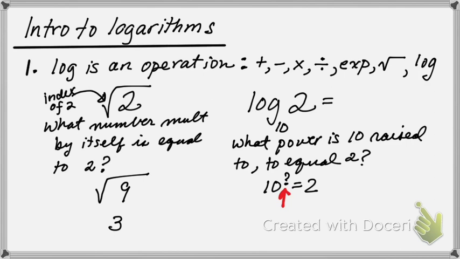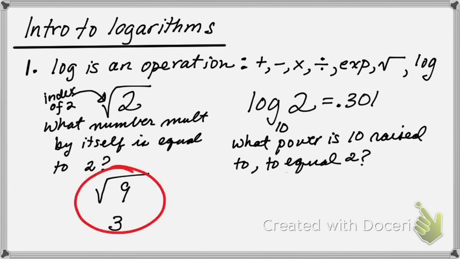You might look for it yourself if you had a calculator handy. The log of 2 is 0.301. So this number that we're looking for here is 0.301.